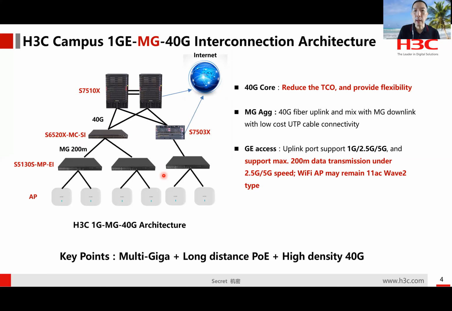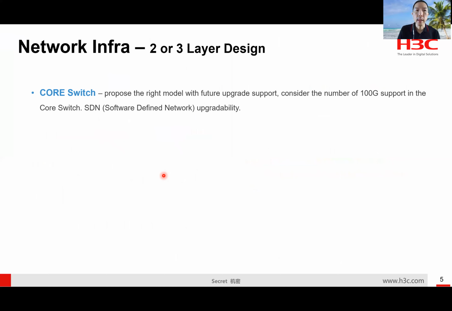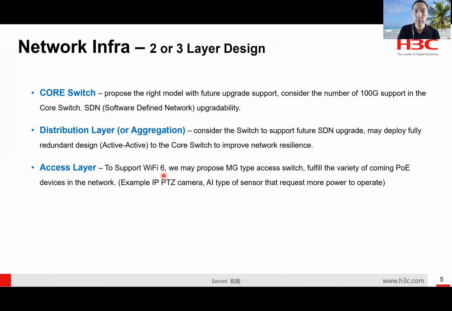To give you a quick summary, normally for the core switch, we need to propose the right model with future upgrade support. We advise the customer to consider how many 100 gigabit ports they can support. We never tell the customer how many multi-gigabit PoE ports you can support in the core switch, because it doesn't make sense. Normally, we need high capacity, multiple 100 gig to connect all the distribution layers.